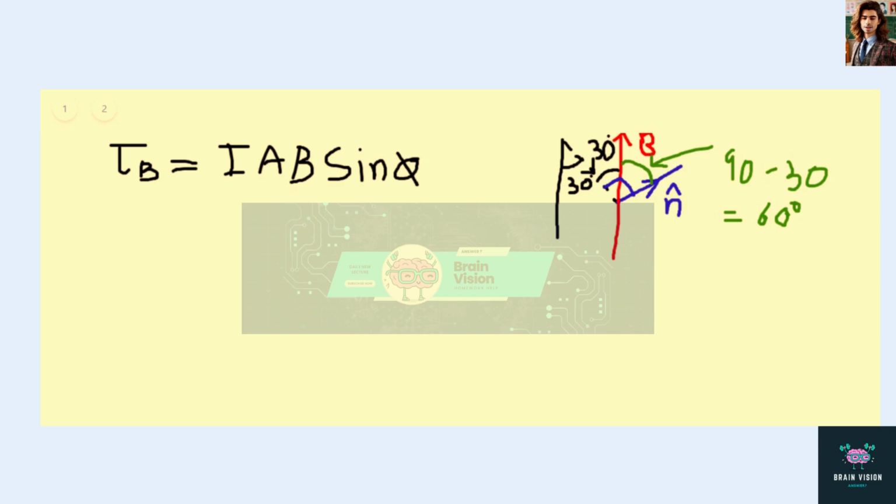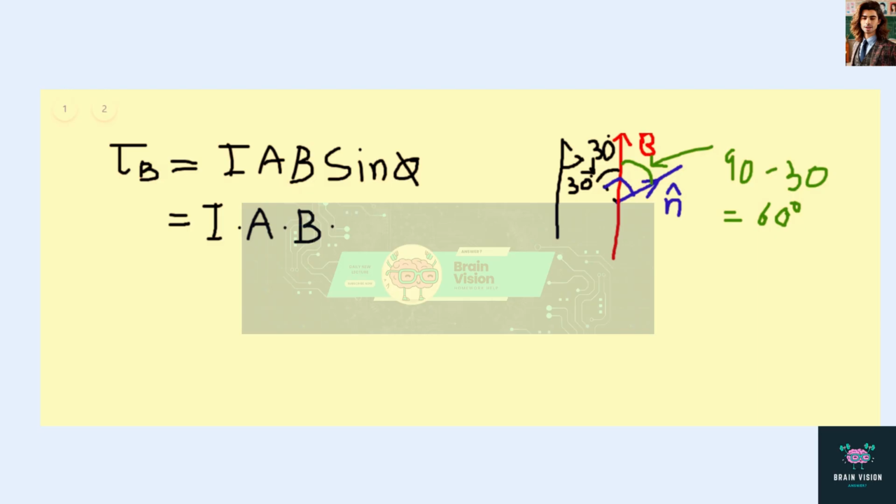Now I can compute tau sub B, the torque due to the magnetic field. That is the current, which is 8.2 amperes, given in the problem, times the area, which I can compute because I know both sides of the rectangle, 6 centimeters and 8 centimeters, times the magnetic field. That's my unknown, what I'm trying to solve for.